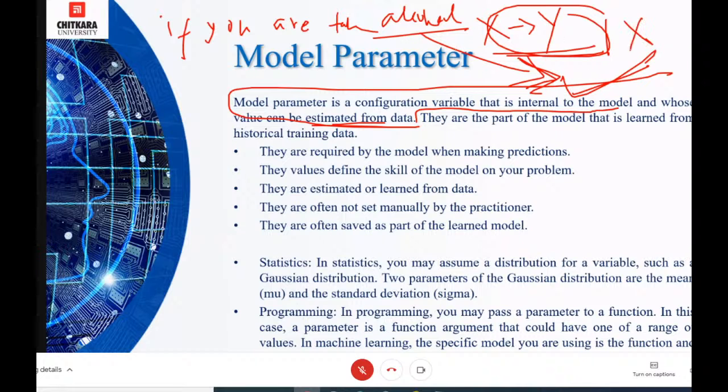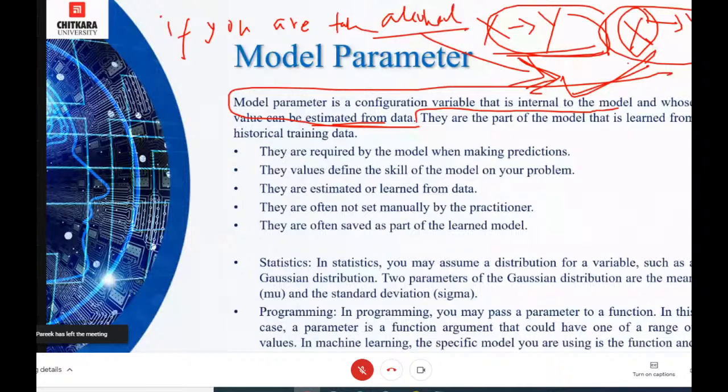So if X is present, Y is associated with it. So these particular parameters can be called internal parameters, and they are part of your integration model, or your hybrid model, that is learned from historical training data. They are required by the model when making predictions.